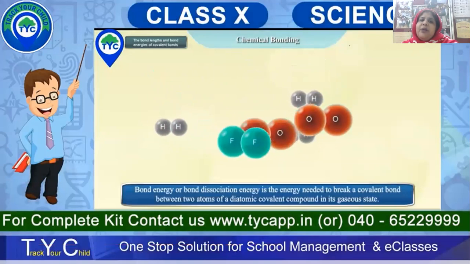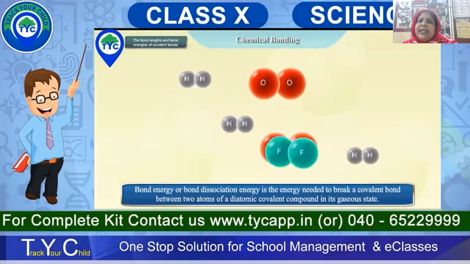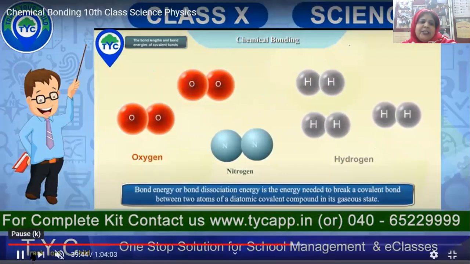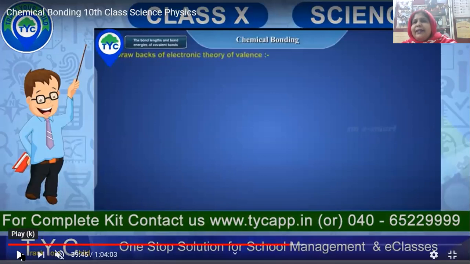So bond energy, or bond dissociation energy, is the energy needed to break a covalent bond between two atoms, or a diatomic covalent compound, in its gaseous state. We have already done it in the earlier classes. There is an energy that has to be supplied, as in electrolysis. We use electric energy to separate hydrogen and oxygen, and they are liberated in the form of gases.